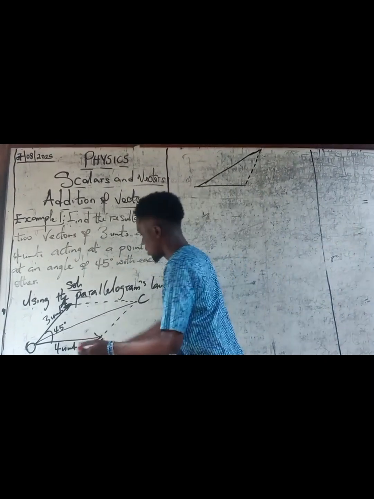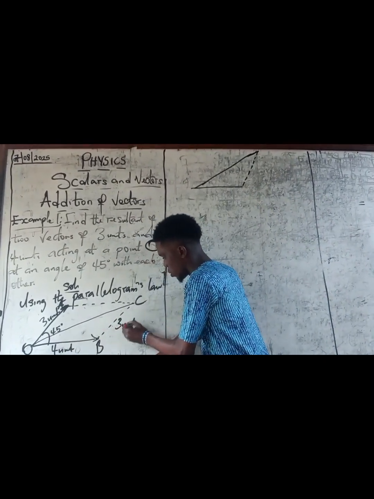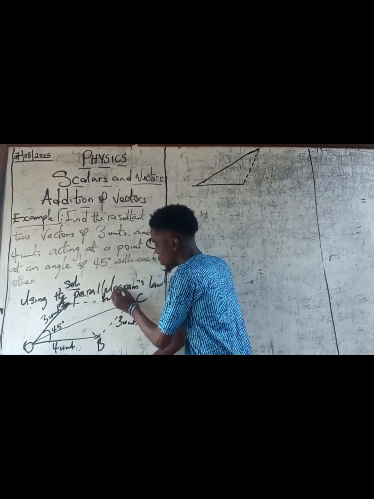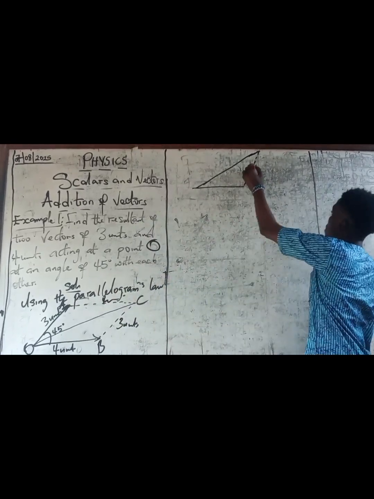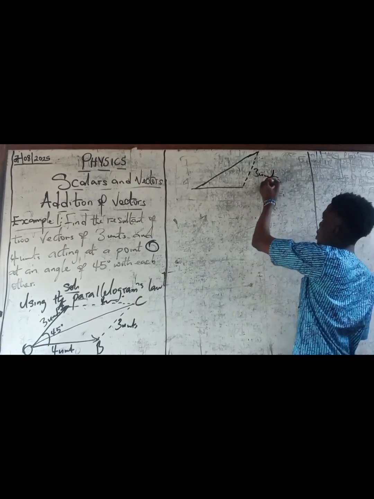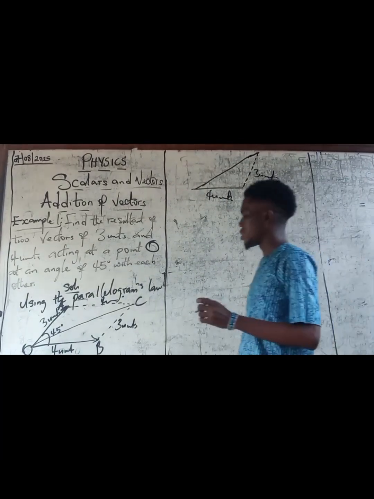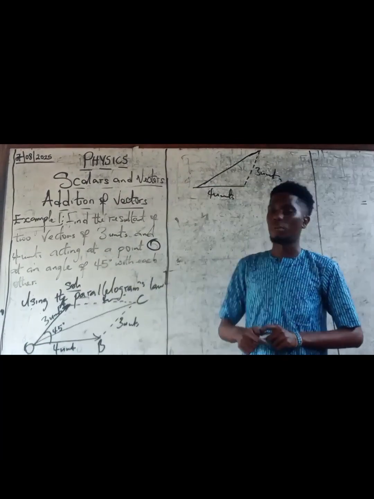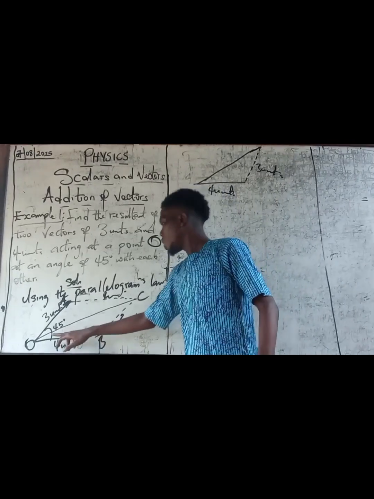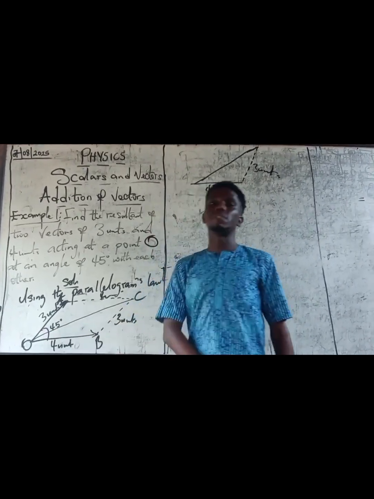If here is 3 units, obviously here also is 3 units, and here also is 4 units. So that means here is 3 units, here is 4 units. Looking at this, we know here is 45 degrees.